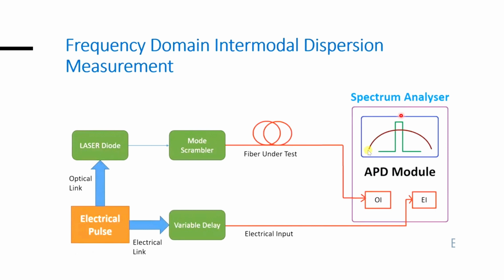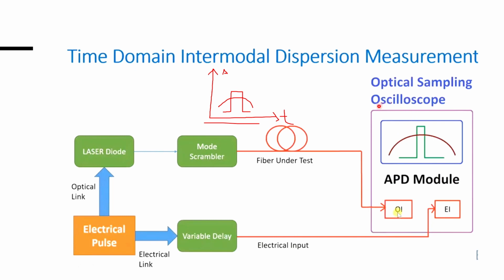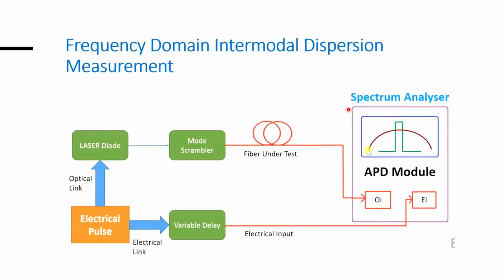So now the question arises: why are we using this spectrum analyzer, not the oscilloscope, to measure the frequency? Those who don't know, I will tell you that oscilloscope only supports the measurement in the time domain. It does not support the measurement in the frequency domain. So that's why we are using the spectrum analyzer.